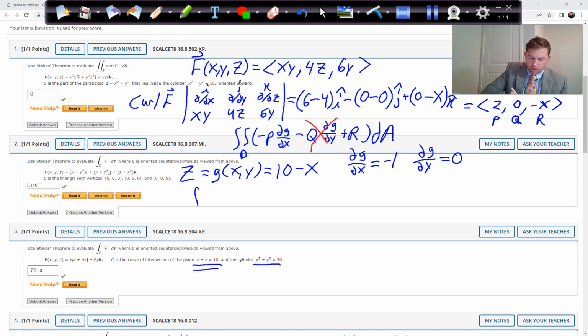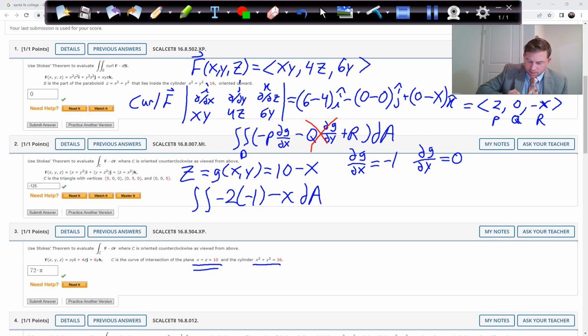So we're going to have the double integral of minus P, which is minus 2, times dg/dx, which is minus 1. Middle term goes away, plus R, which is minus x, and this is dA.